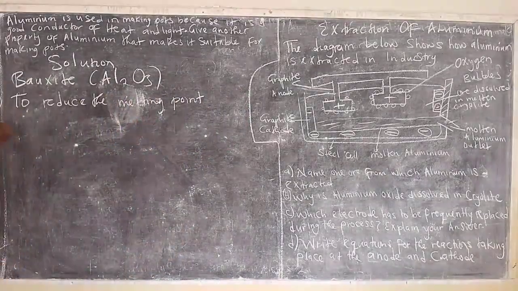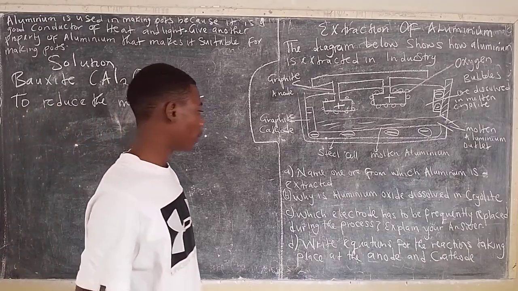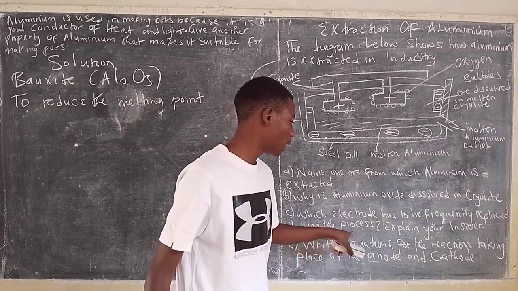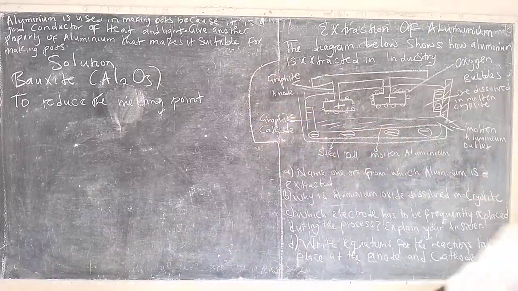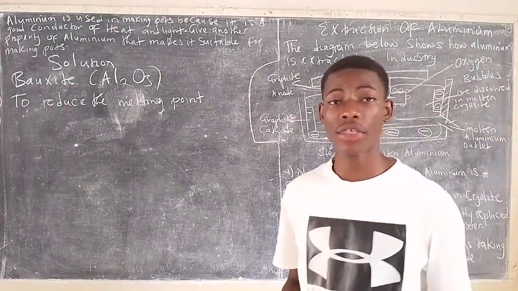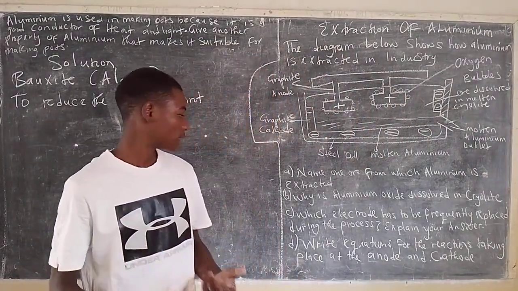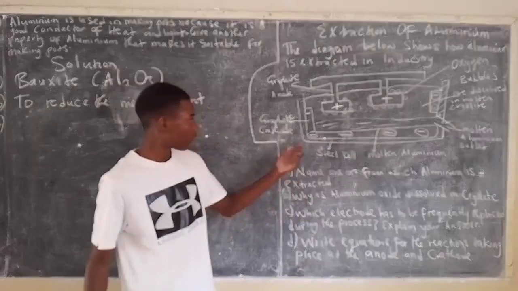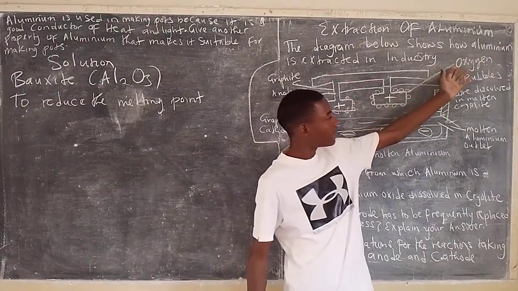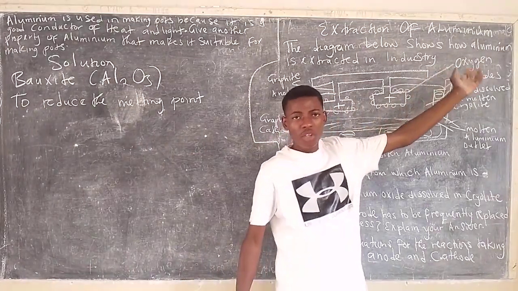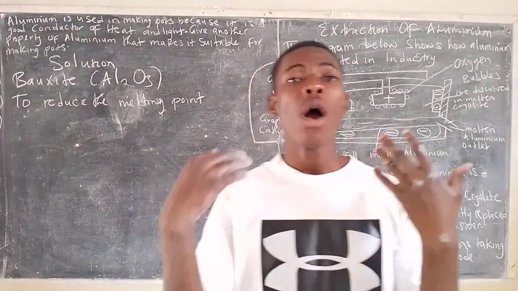Looking at C, we are told: which electrode has to be frequently replaced during the process? The electrodes they are talking about are simply the anodes and the cathodes. One of these has to be frequently replaced. When looking at the electrodes, we find that at the graphite, as you can see here, there is the accumulation of oxygen. Graphite, as you know, is made up of carbon.